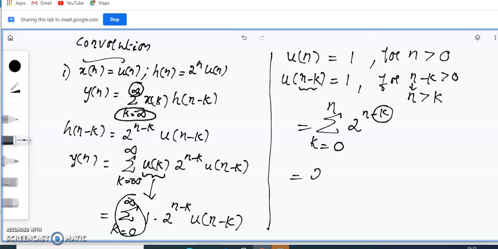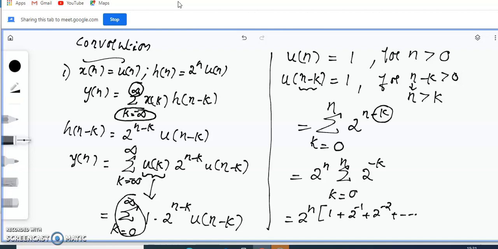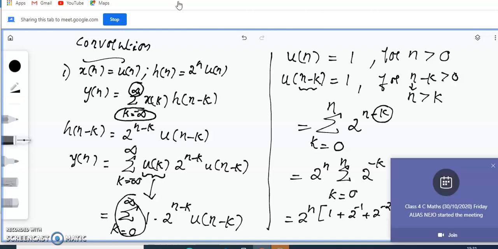So this is equal to 2 raised to n into sigma k is equal to 0 to n of 2 raised to minus k. Now you put values: 2 raised to n into 1 plus 2 raised to minus 1 plus 2 raised to minus 2 plus and so on, up to 2 raised to minus n.